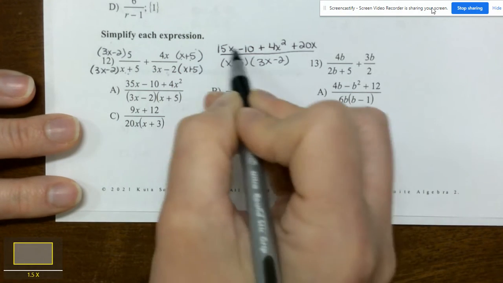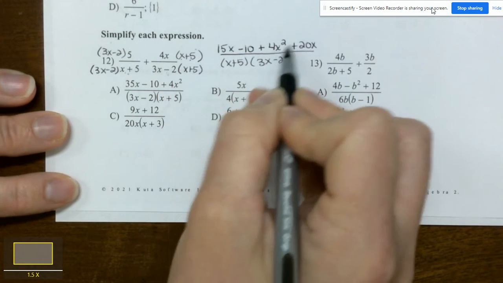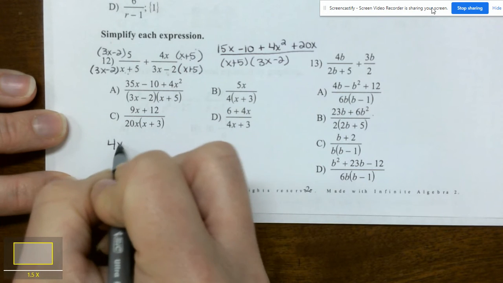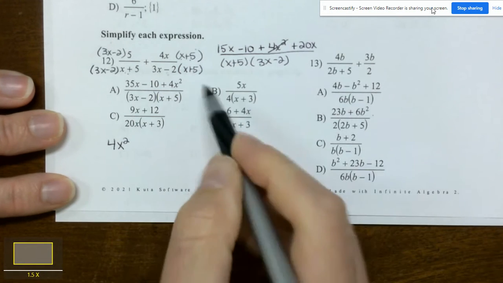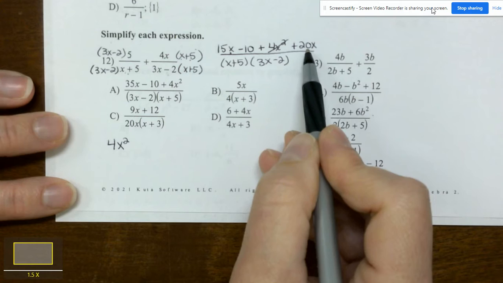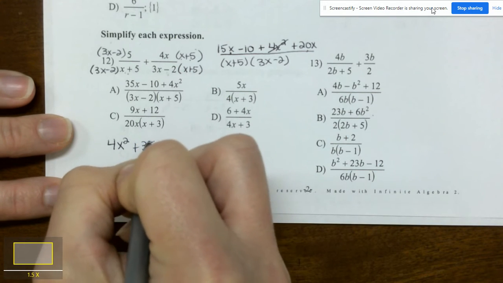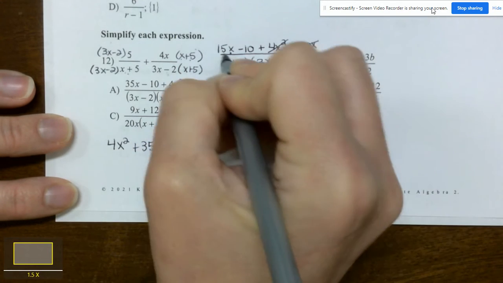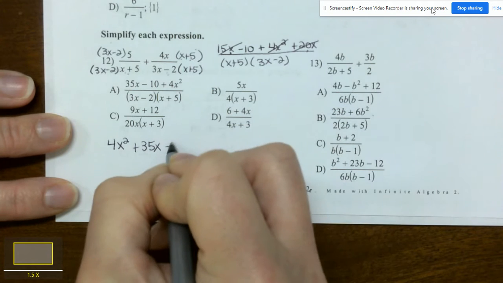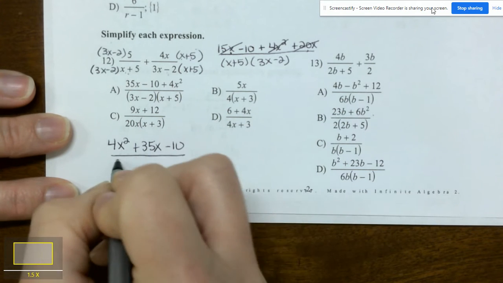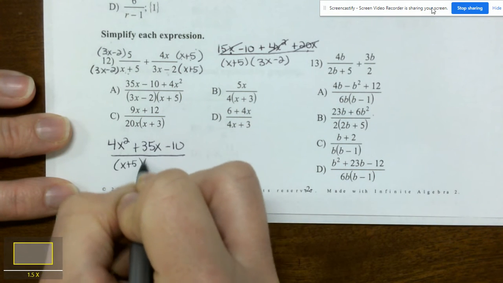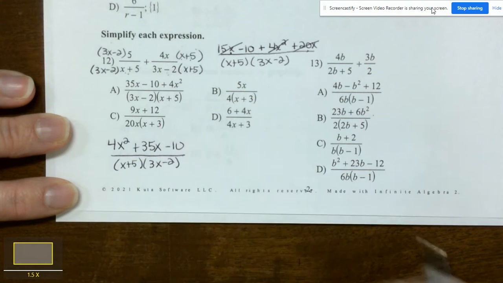Now, if we simplify this, 4x squared doesn't have anything else, so I'm going to keep that. But 15x plus 20x is a plus 35x, so I've taken care of that. And then I still have the minus 10. And it's all over x plus 5 times 3x minus 2.